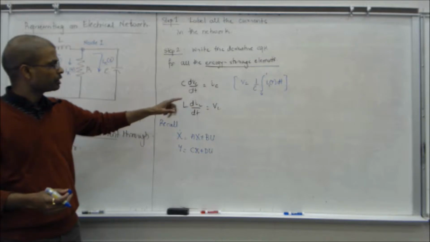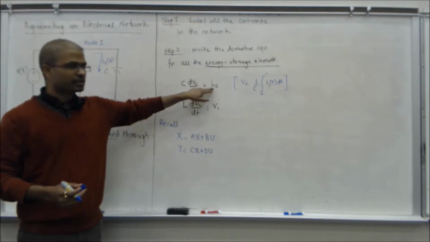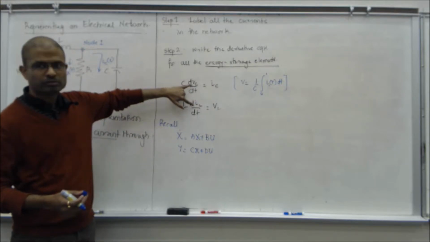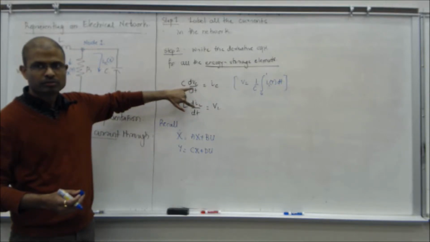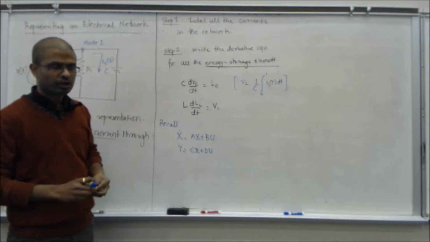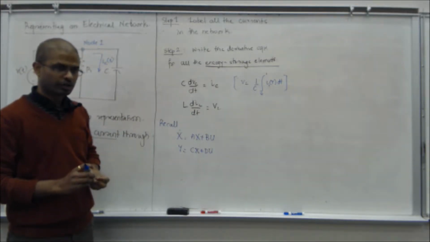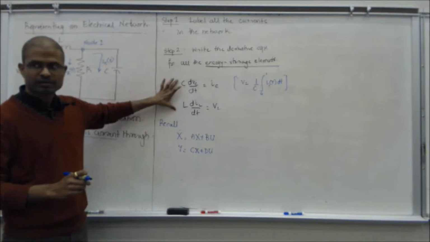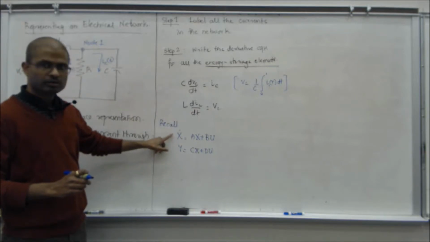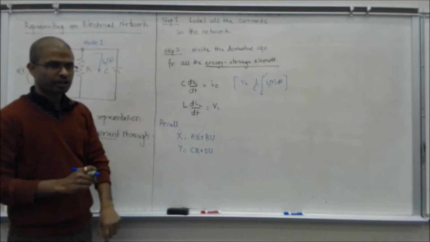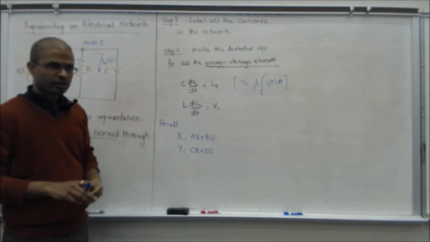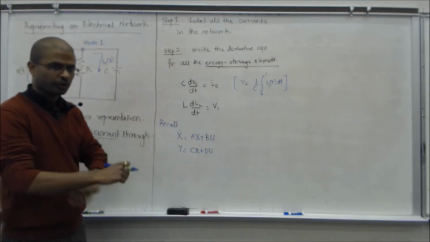Now all you need to do is express this IC in terms of these variables using Kirchhoff's voltage law or current law, and we'll see how to do that. If I move C and L to the other side, this will just be x dot, the derivative of the state vector. Okay.